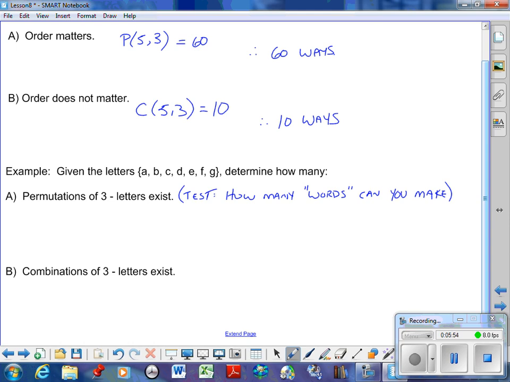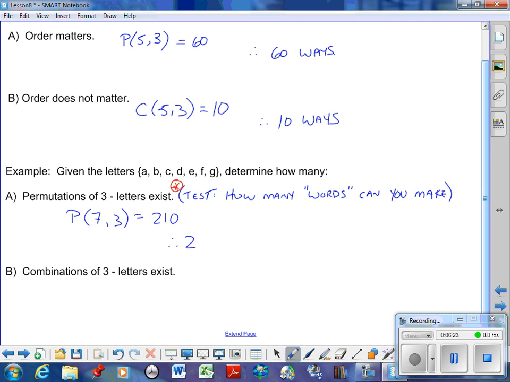Guarantee that there's a question like this on the test, so I'll put the old red star on it. Hint, hint. Because how many words can you form? With words, the order of letters is important, so this would definitely be a permutation. We've got 7, and it's permutation 7, 3, so we end up with 210.